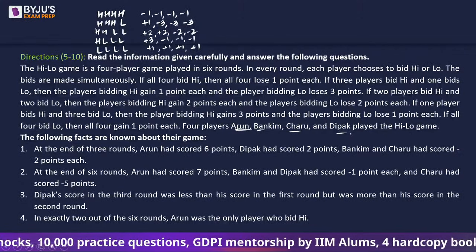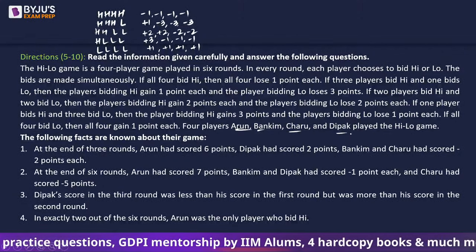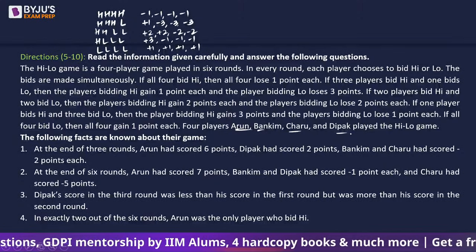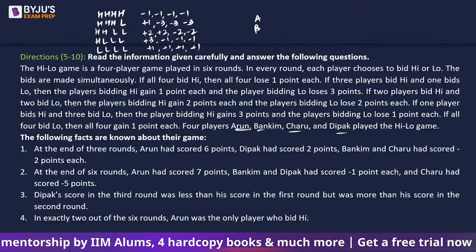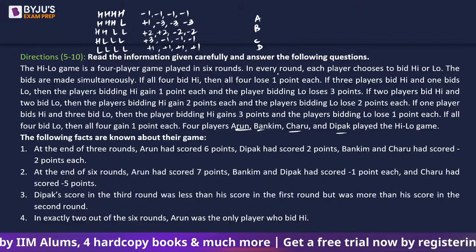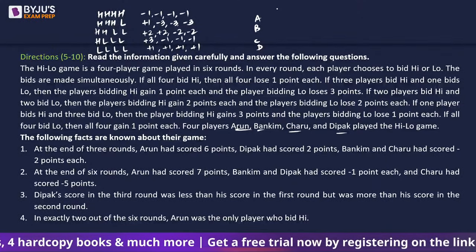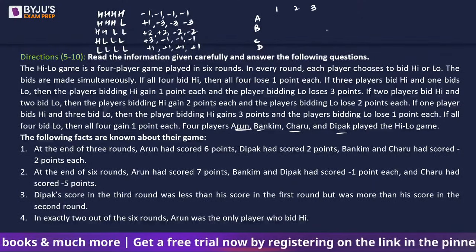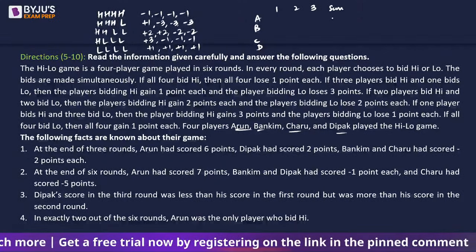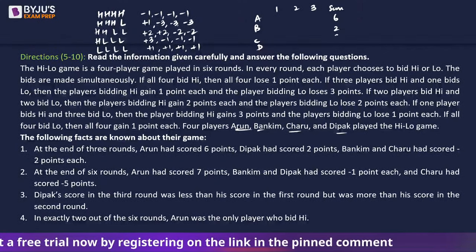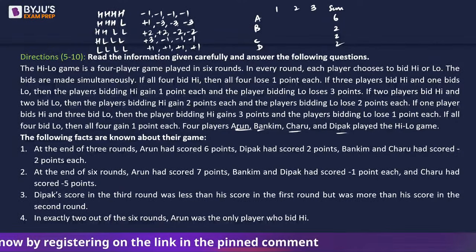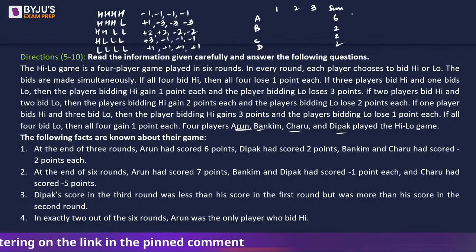So again, representation. So we should be drawing something like this कि ये ABCD, these are the 4 players, and we are talking about 3 rounds first of all, where the score after the 3 rounds of A is 6 and 2 each, and then we are talking about at the end of the 6th round, so we have another 3 rounds.